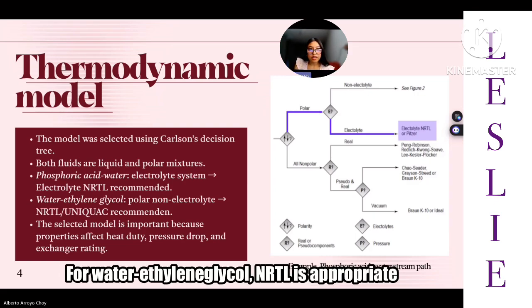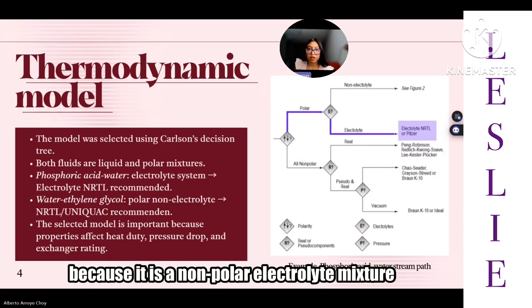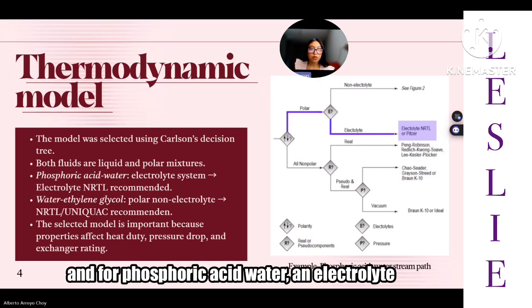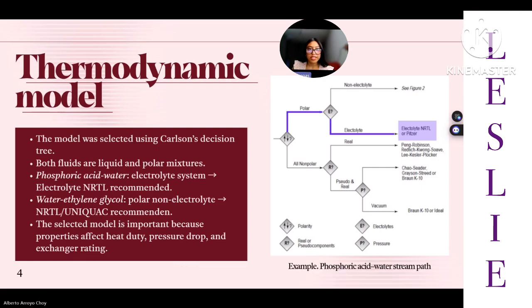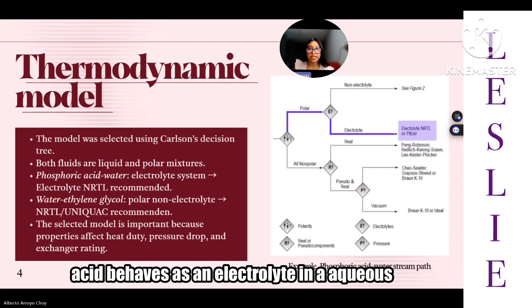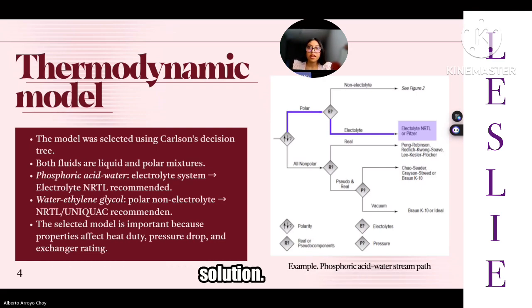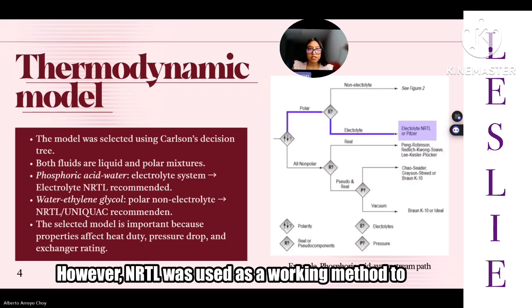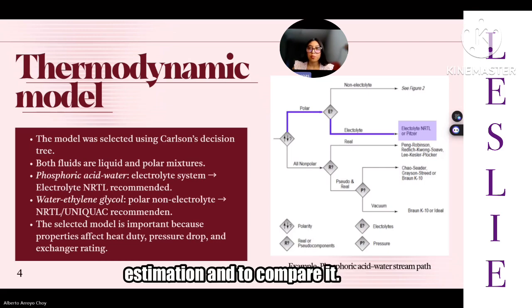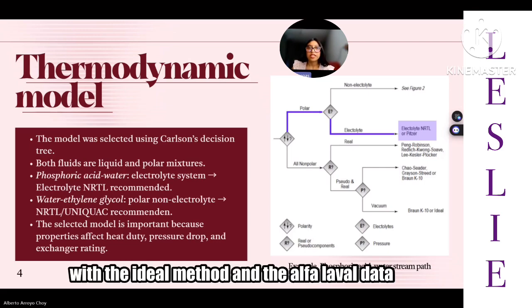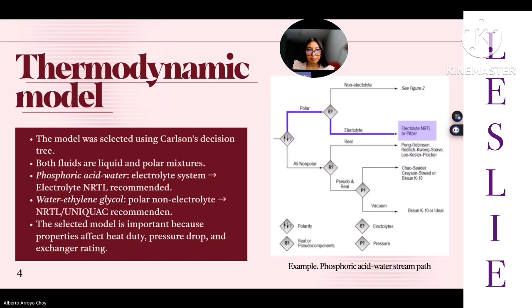For water ethylene glycol, NRTL is appropriate because it is a non-electrolyte mixture, and for phosphoric acid water, an electrolyte model will be more rigorous because phosphoric acid behaves as an electrolyte in aqueous solution. However, NRTL was used as a working method to maintain consistency in the property estimation and to compare it with the ideal method and the Alfa Laval data.